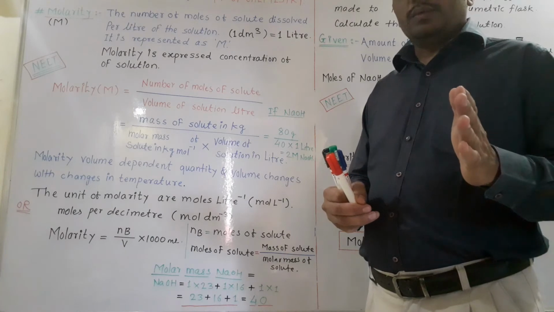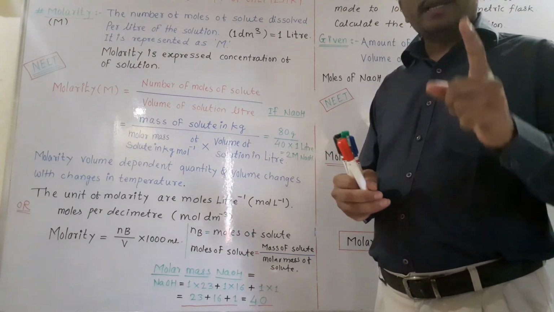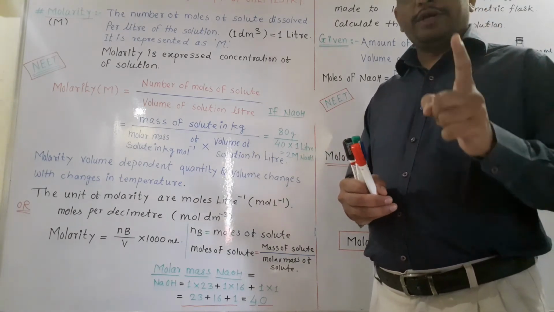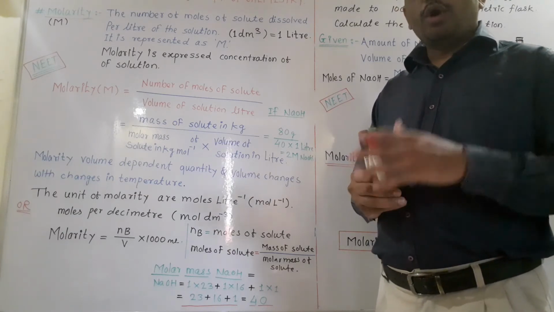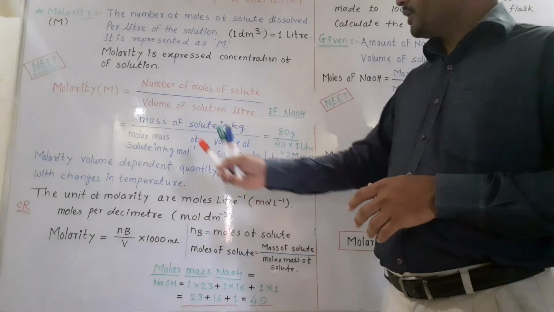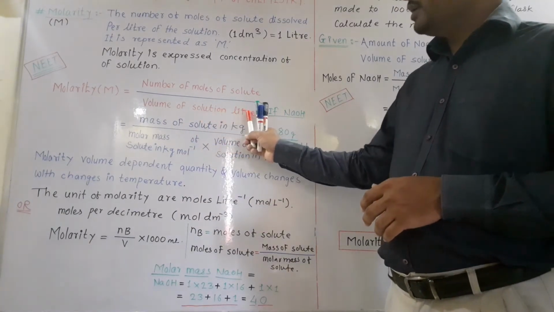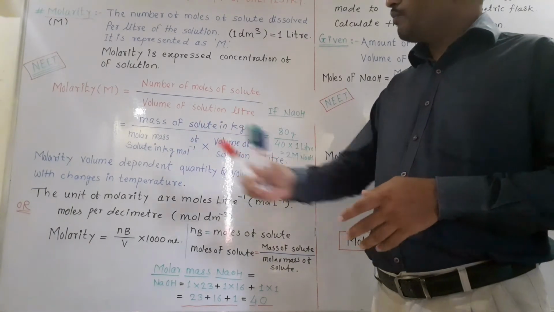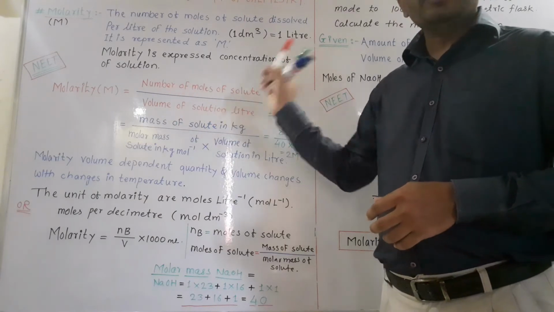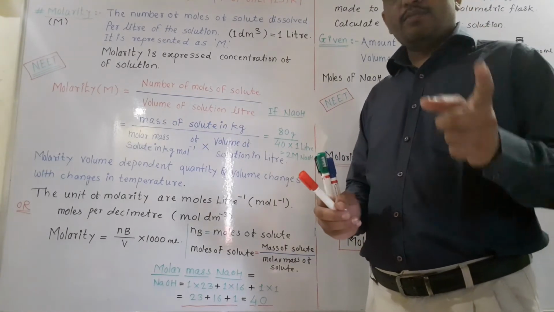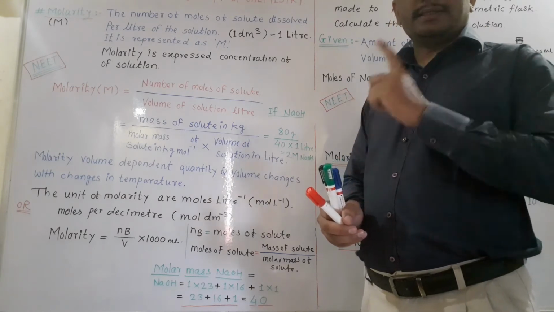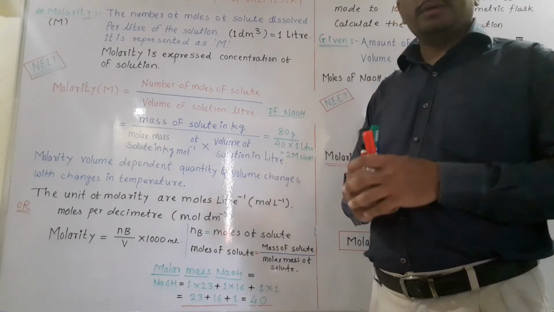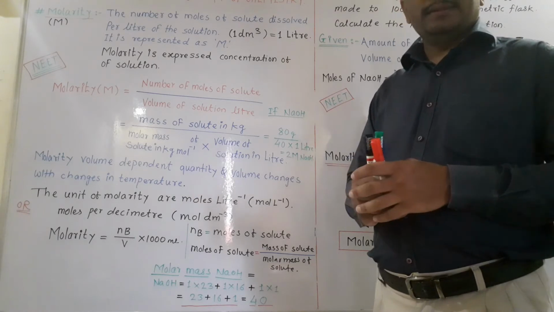Molarity is equal to number of moles of NaOH divided by volume of solution in liters. Number of moles of solute is calculated by mass of solute divided by molar mass.